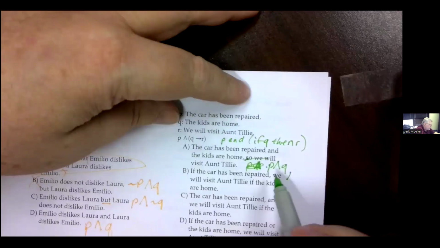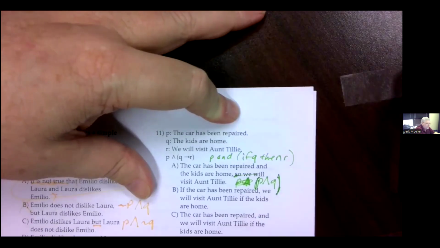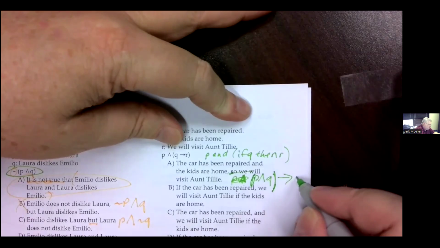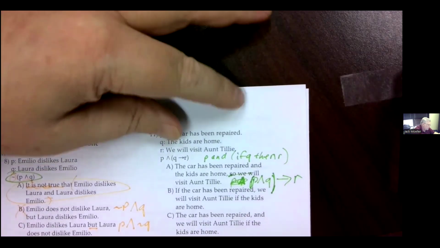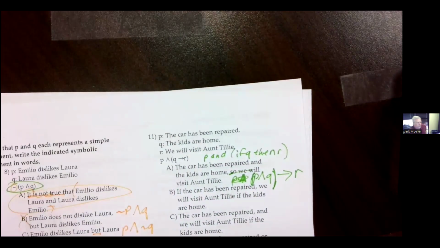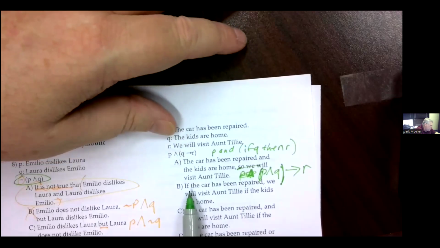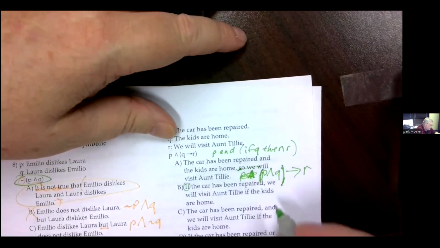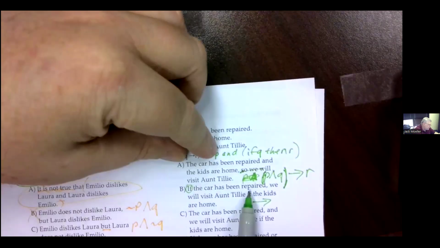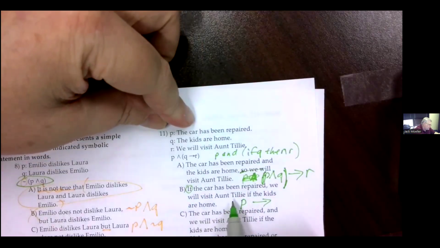So what's happening here is the car's been repaired and the kids are home. So the parentheses around the P and Q. Then, so if that, then we will visit Aunt Tilly. So that is one of those mini phrases for if-then. So if the car has been repaired, okay, so as soon as I see this, I know I'm going to have a right arrow. So if the car has been repaired, so that is P, we will visit Aunt Tilly.